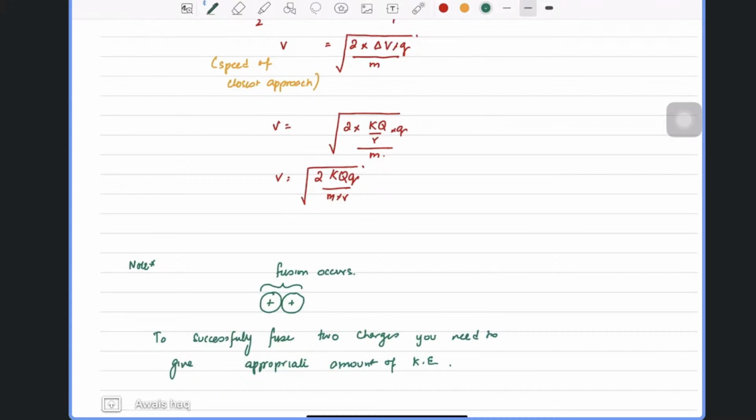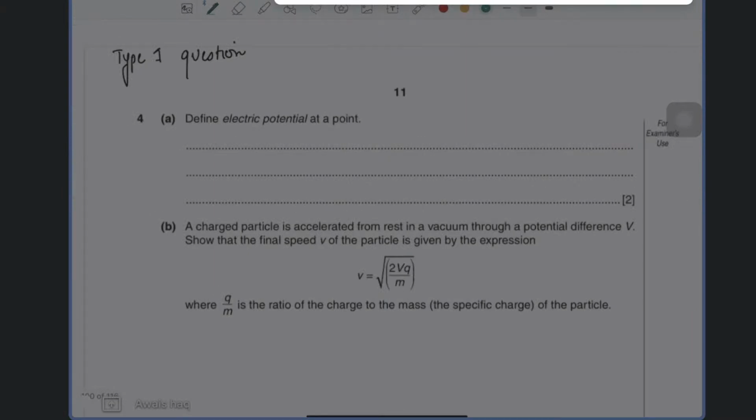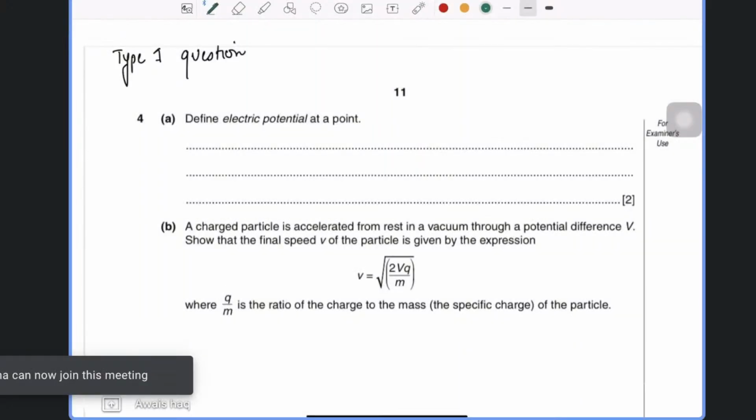All right. Should I go forward then? Okay. So for this question, which is basically the first type of question that they're going to ask you, it says define electric potential.